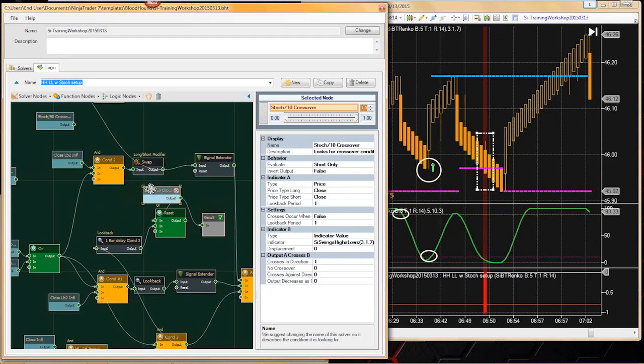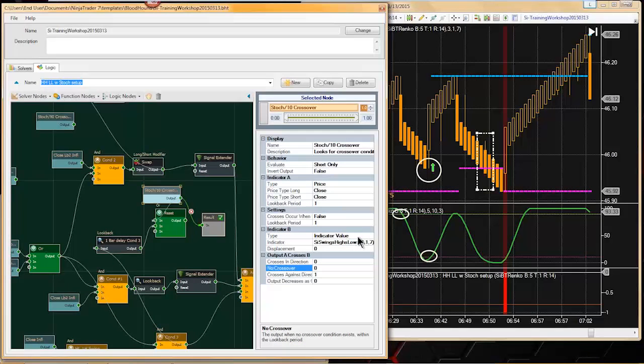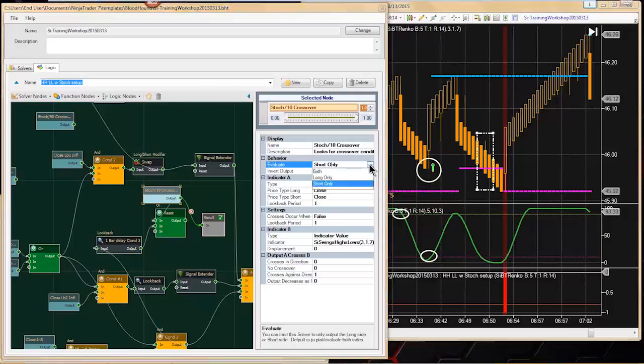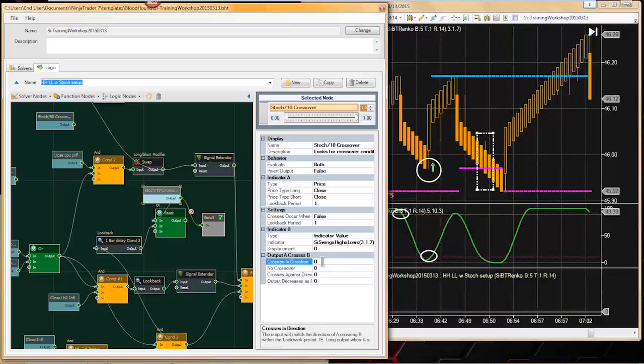So I'm looking at the crossover solver, and I'm going to use the crosses against direction output here. Oh, hold on, I actually need both. Let's set the evaluate to both, and that's not what I expected. Okay, that's actually not what I want.